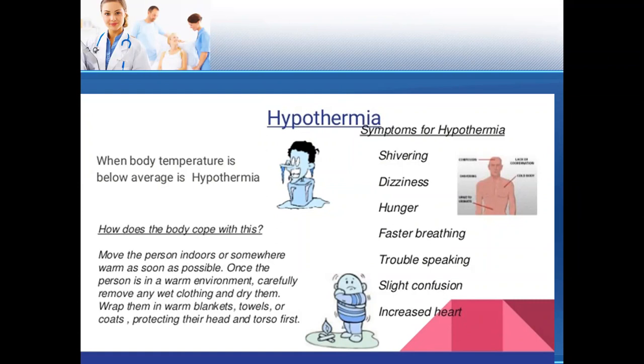Also wrap them up with a warm blanket, towel, or coat, protecting their head and body first. What are the symptoms of hypothermia? Shivering, dizziness, hunger because the body produces energy, faster breathing, confusion, and increased heart rate.